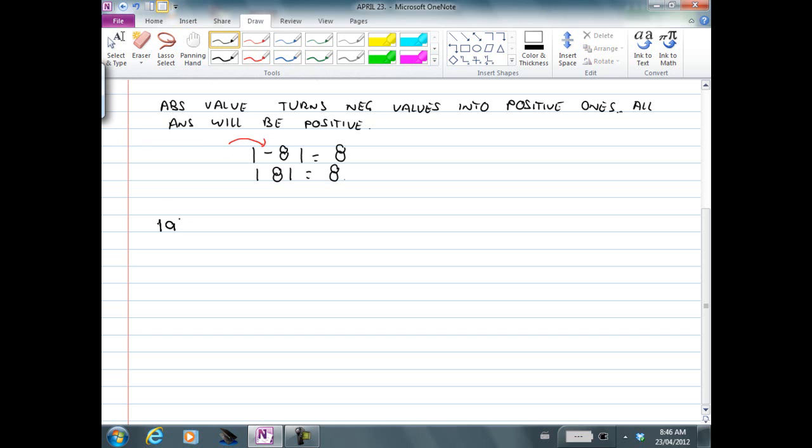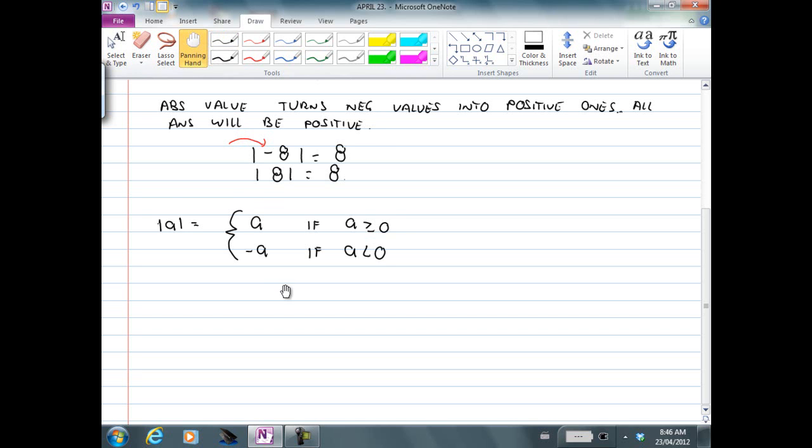Absolute value of A equals A, that's what exactly happened to 8, if A is greater than or equal to 0. Absolute value equals negative A if A is less than 0.